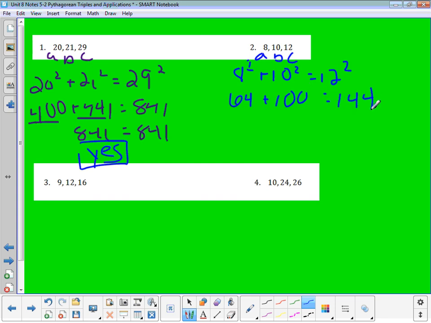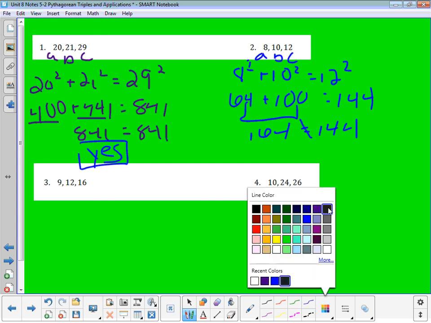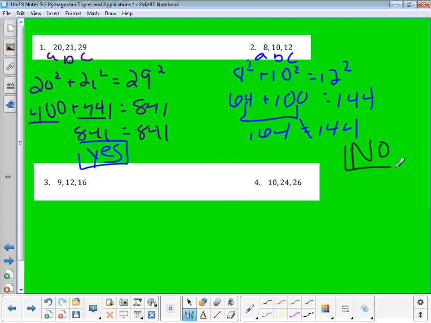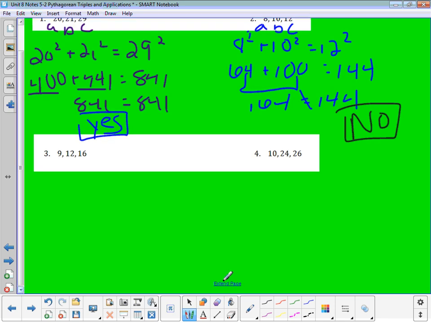So let's add these two together. 100 plus 64 gives us 164. And that's supposed to be equal to 144. Uh-oh, it's not. They're not equal, so then we have to say no. This isn't a Pythagorean triple because those aren't equal. Again, I want to make sure you're showing all of that work so that you can prove to me why it is or is not a Pythagorean triple.